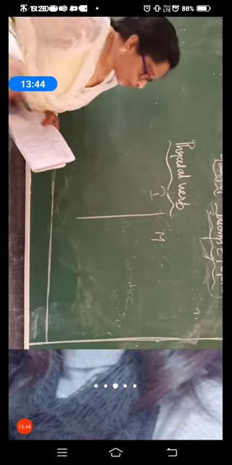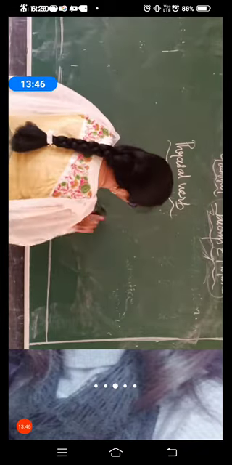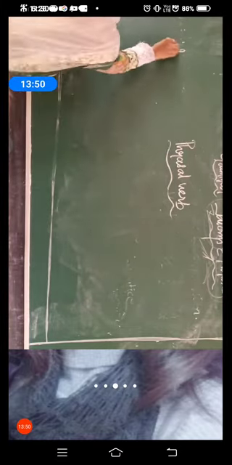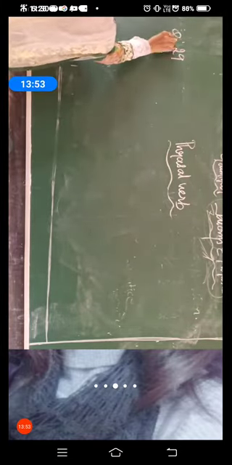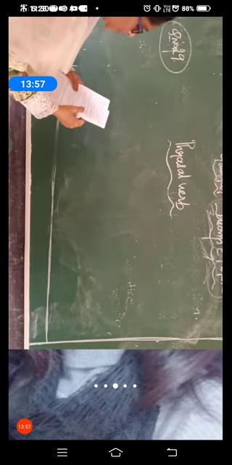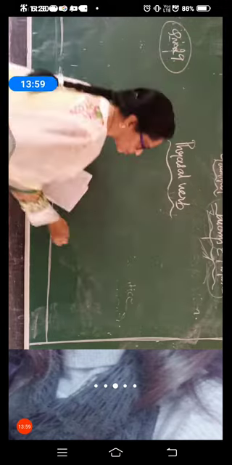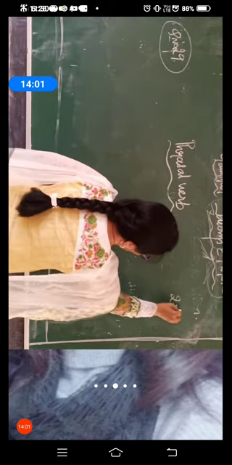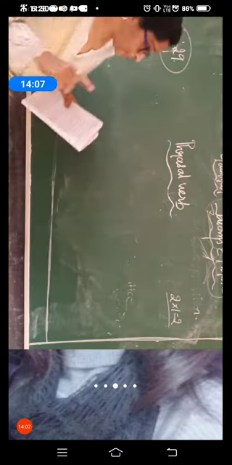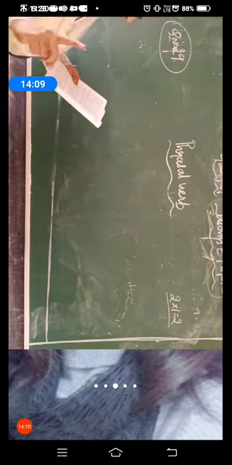From your question paper point of view, you have question number 29. This question carries 2 marks, 2 into 1 is equal to 2. It means each dash carries 1 mark.